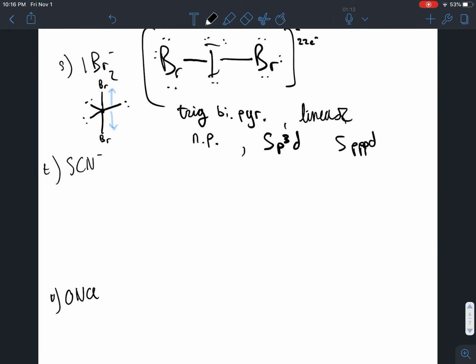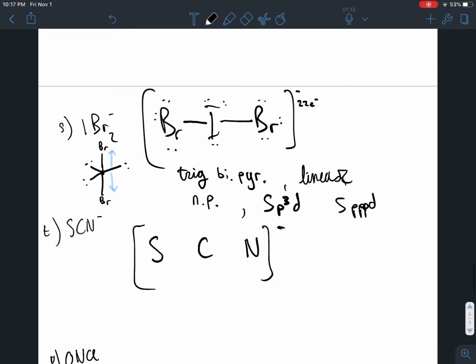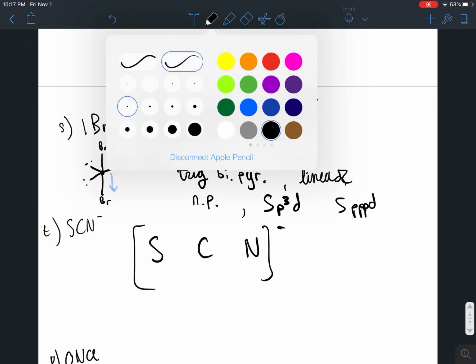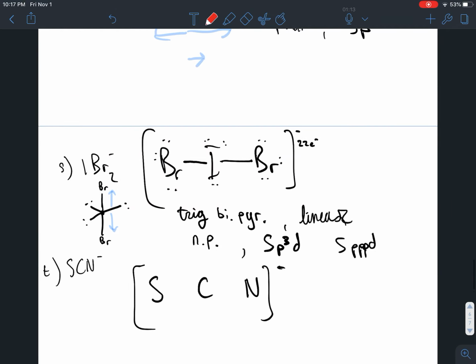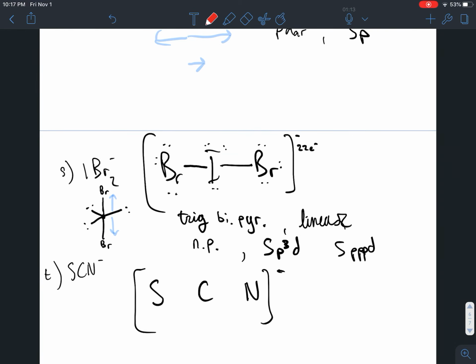Okay. SCN-. Very cool. Cool stuff. Minus. Brackets. Yeah, put brackets over the ions, I guess. Or what I think is much better, which I keep on forgetting to do, but I would not forget to do on the test, is put the formal charge of every thing you encounter.